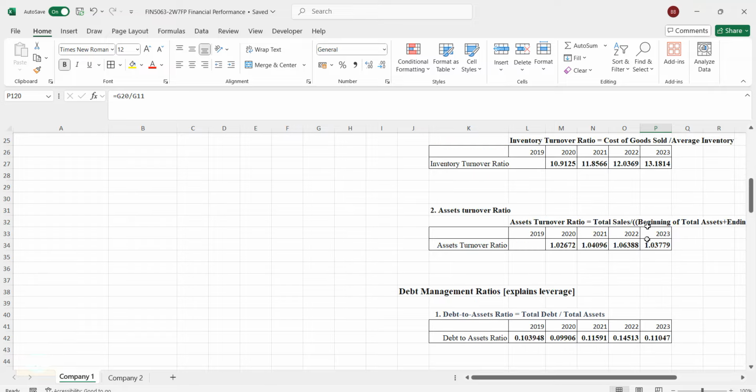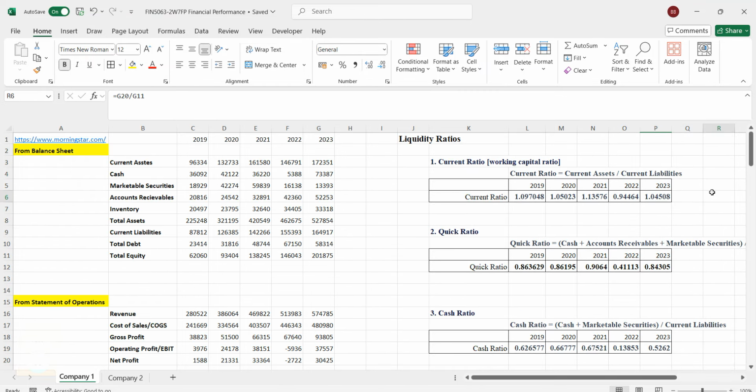The current ratio should be more. If it is larger, the company is performing good. If it is lower, the company is underperforming. When you compare both companies, whichever has the higher current ratio will be given more priority.